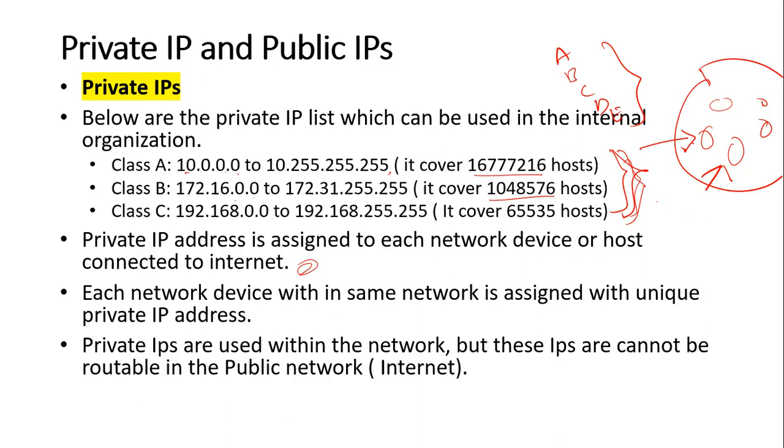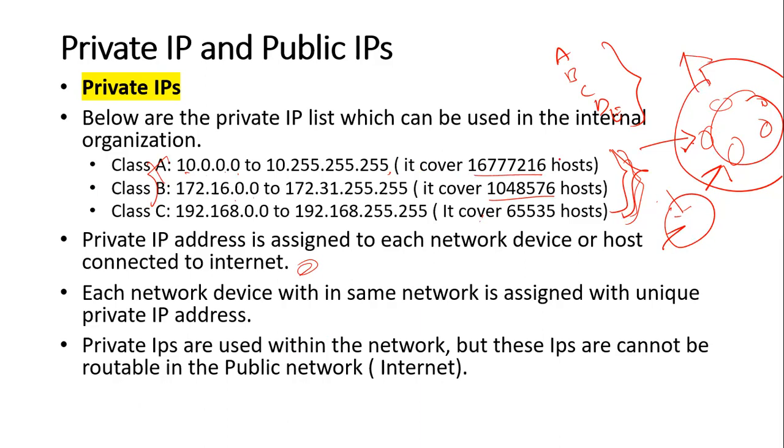These IPs are unique inside the organization. Suppose we have an organization, we won't repeat these IP addresses. We can use all these IP addresses, but they can't be repeated or duplicated. And private IPs are used within the network because these IPs can't be routed to the external network.